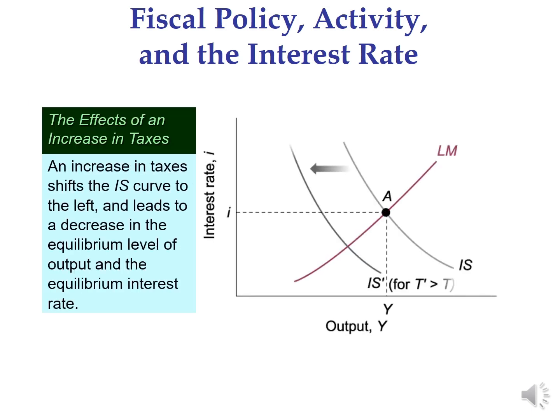The effect of an increase in taxes: an increase in taxes shifts the IS curve to the left and leads to a decrease in the equilibrium level of output and the equilibrium interest rate.